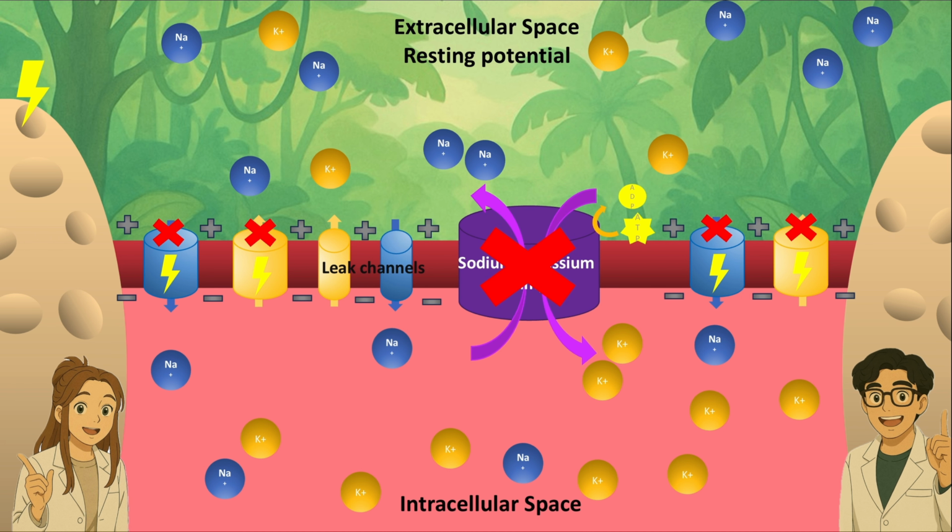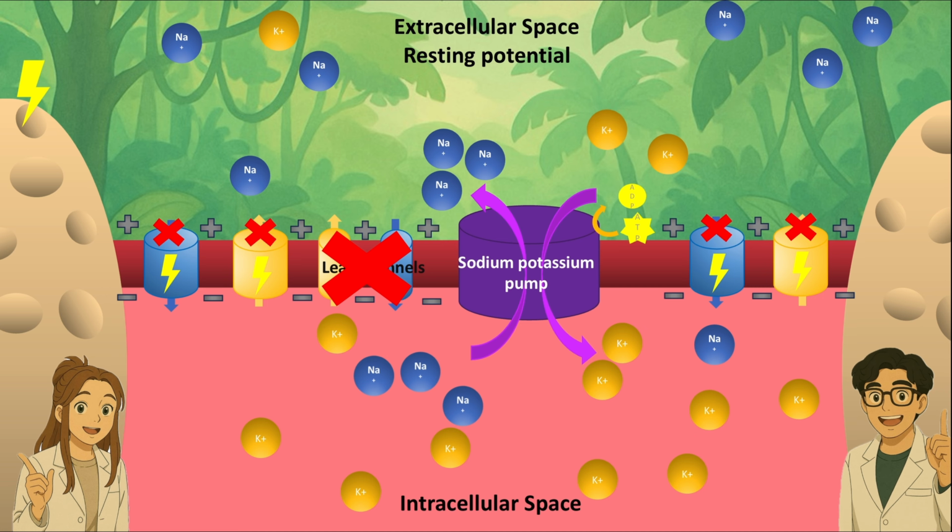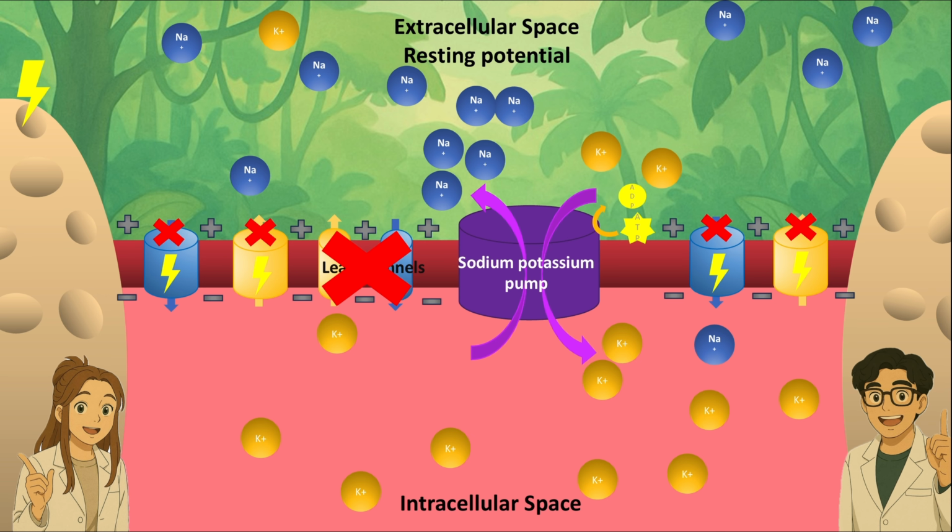Sodium and potassium would equalize and the neuron could never fire. If there were only the sodium-potassium pump with no leak channels, the membrane potential wouldn't stabilize at minus 70 millivolts. The ions would be locked in imbalance and continue to build up, but wouldn't set up a usable electrical state. Think of it as a charged battery, just waiting for the signal.